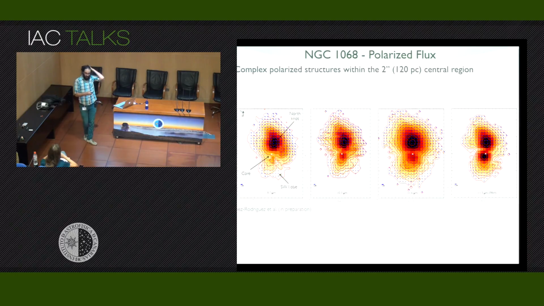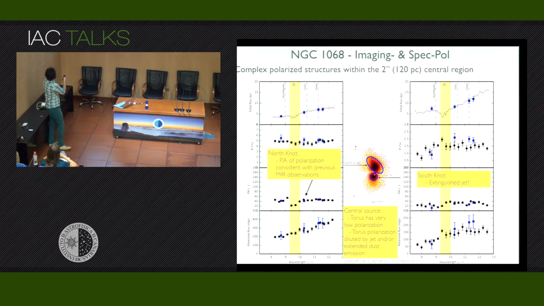So we also did spectropolarimetry. What I show here is the spectropolarimetry of the north node and also the south node, this peak in the south of the central engine. I show the total flux, the degree of polarization, the PA of polarization, the position angle, and the polarized flux, which is just a multiplication of the degree of polarization and the total flux.